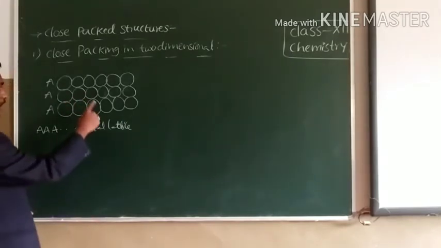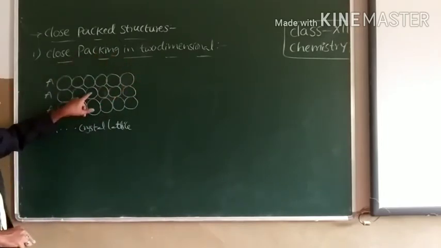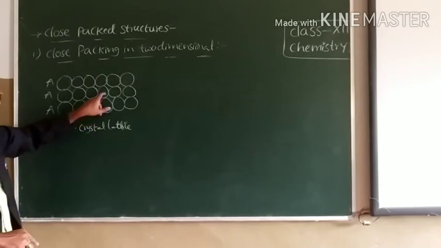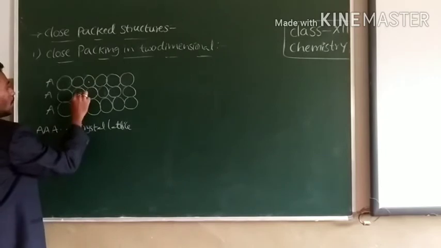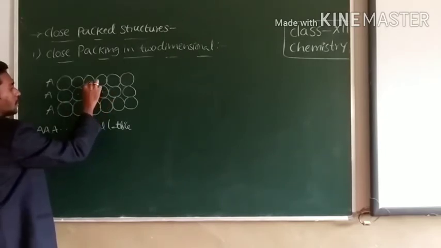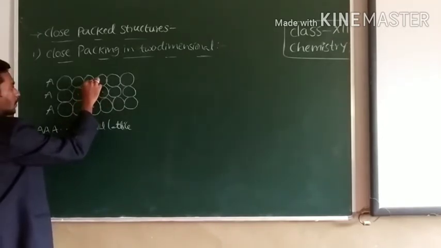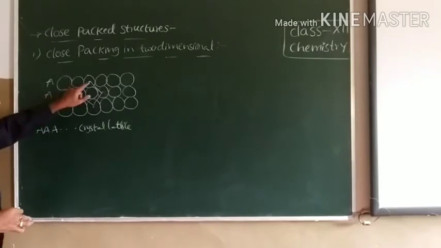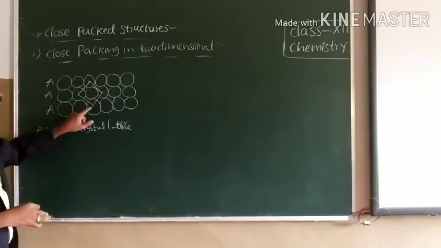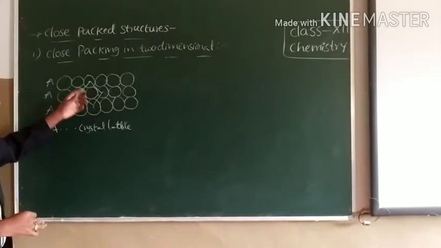If you consider an atom in this close packed two-dimensional arrangement, it is surrounded by 4 nearest neighboring atoms. Let us indicate them. Let us place a point at the center of each of the 4 spheres. When we join the centers of the 4 nearest neighboring spheres, we get a square structure.